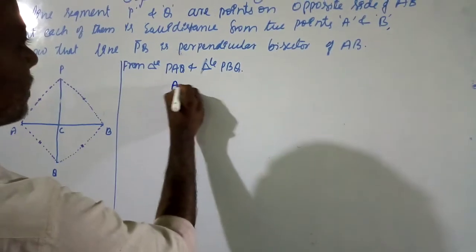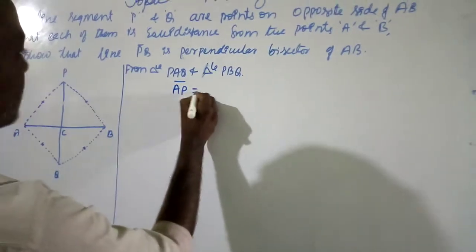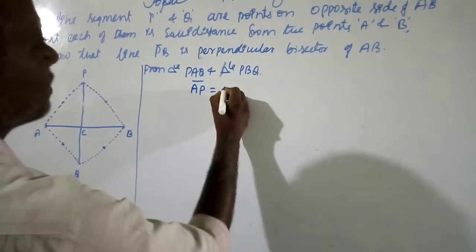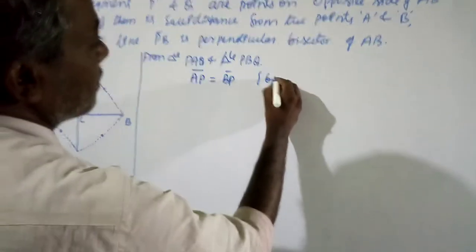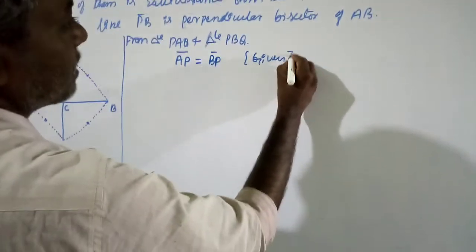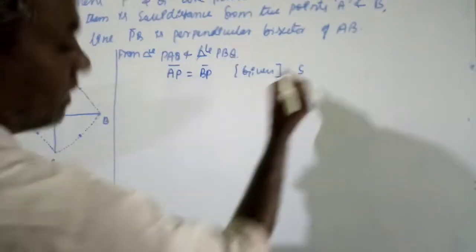Now first we can take this is AP, side AP is equal to side BP, they are given, both are equidistant, correct? So this is about your side.